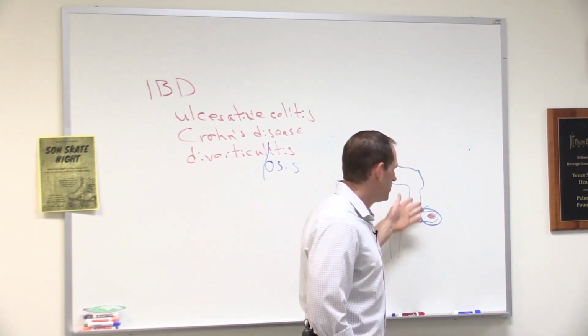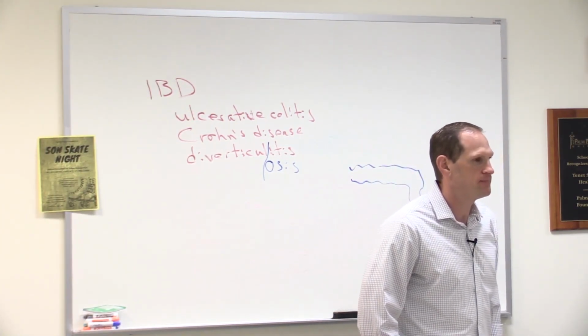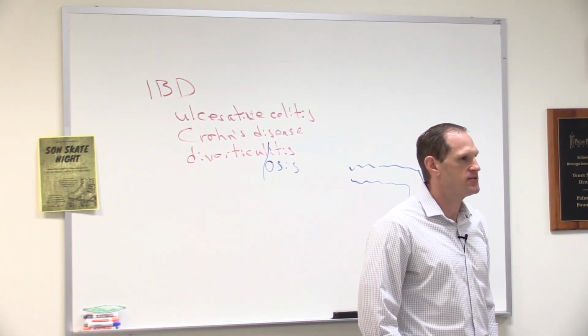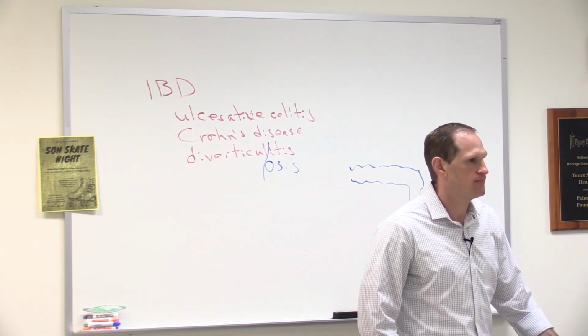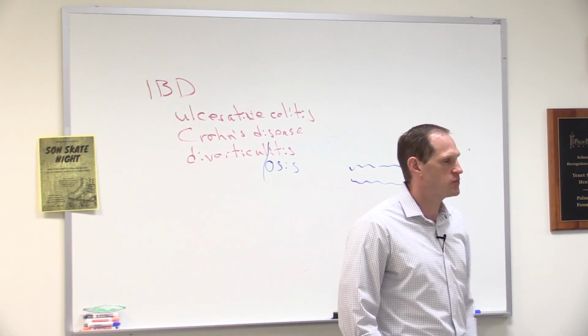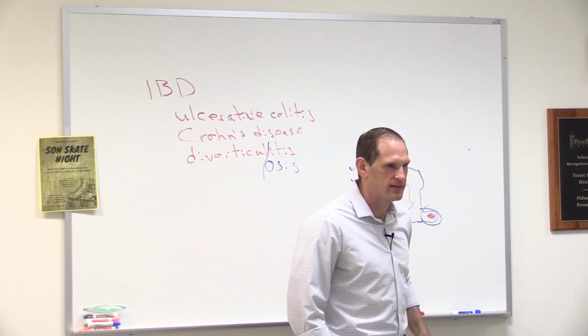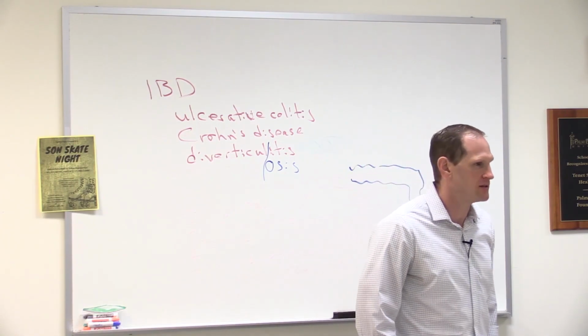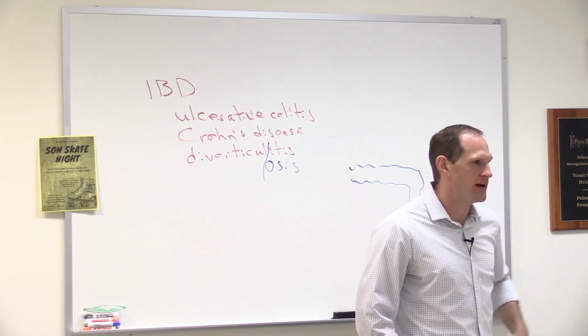Once you have them, what do we do with them? You can surgically remove them, but most of the time the answer is nothing. You should eat a higher fiber diet. We used to tell people to avoid nuts because if you open one of these things up, it looks like nut residue is in there. And so by avoiding nuts and popcorn, you don't get stuff trapped in there.